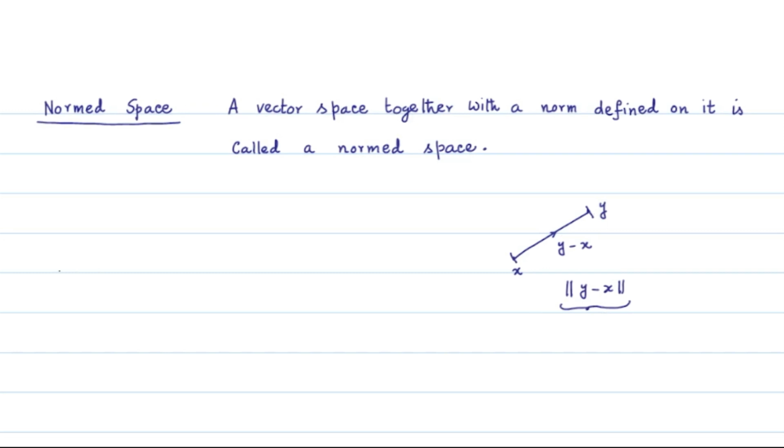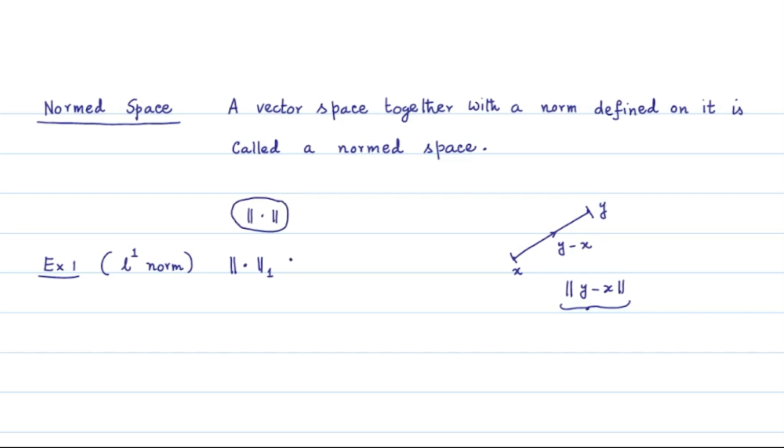Let me give you a few examples of norms in the n-dimensional Euclidean space. The first example is the Lebesgue 1 norm or the L1 norm, which is denoted by norm subscripted 1. We notice that these two vertical bars are usually the denotation of a norm.